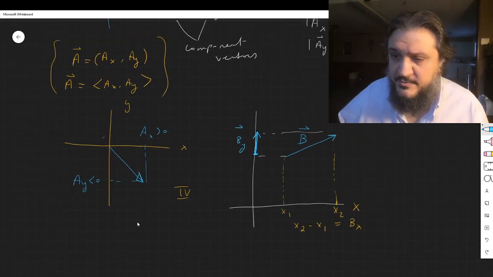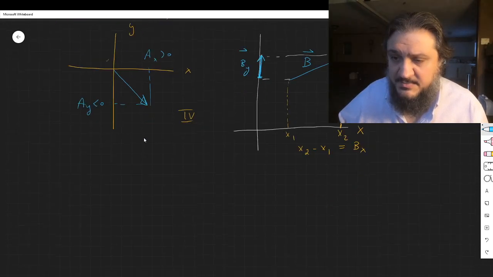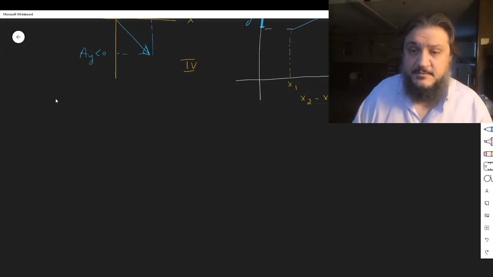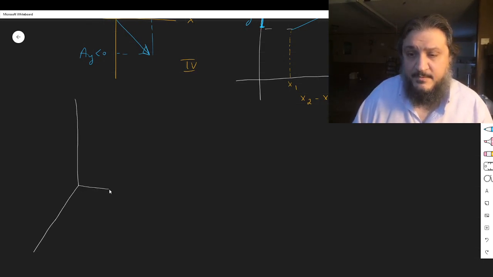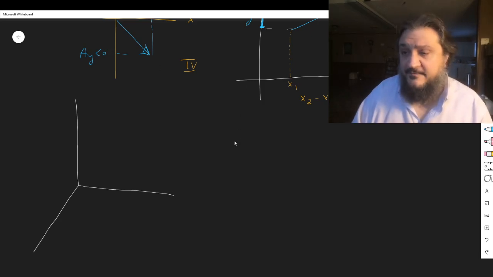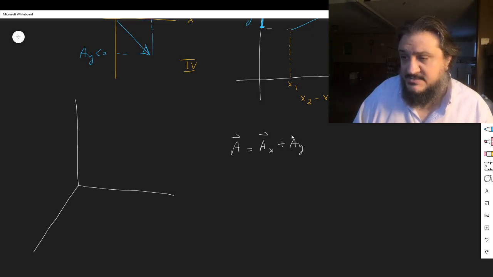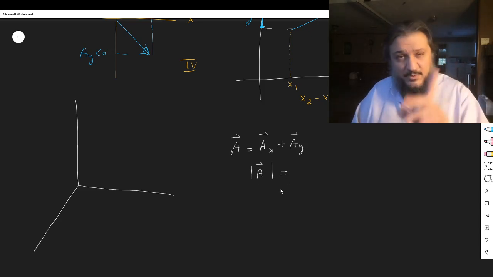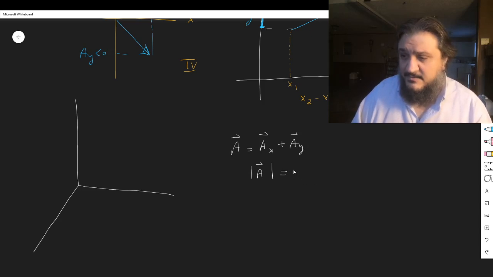Alright? So before I show you the addition and subtraction, let me try to draw this in 3D. Oh, by the way, if you have A written as ax plus ay in this manner, this means the magnitude of A, remember the polar coordinates, how we found the hypotenuse, the same way.